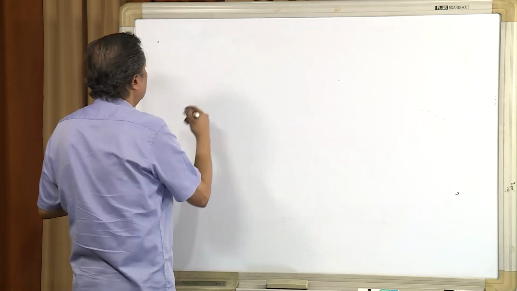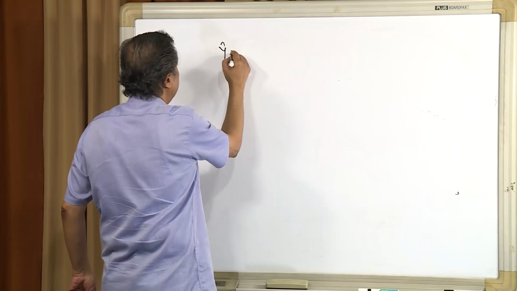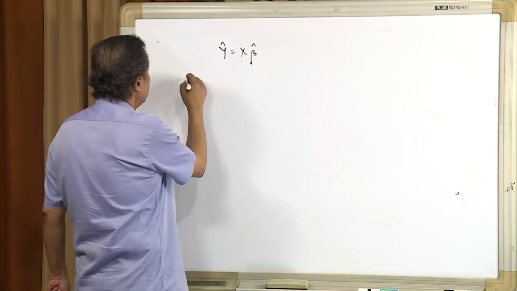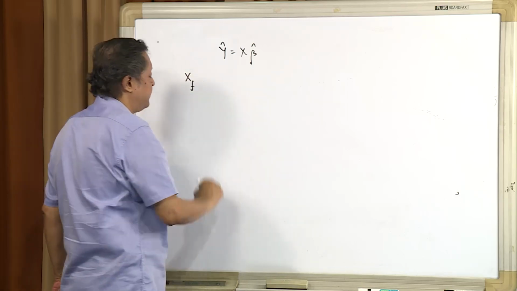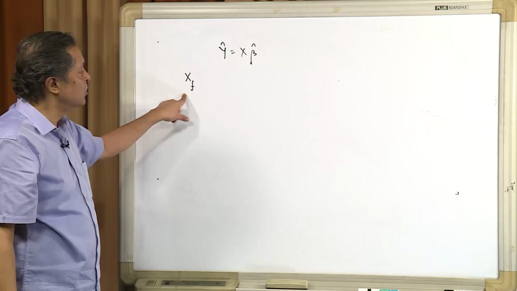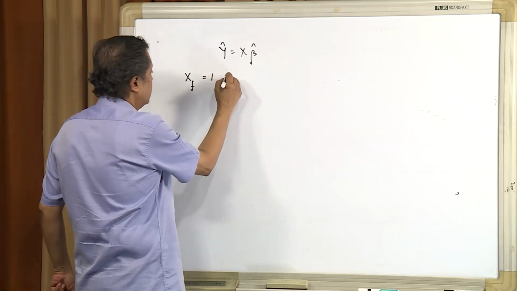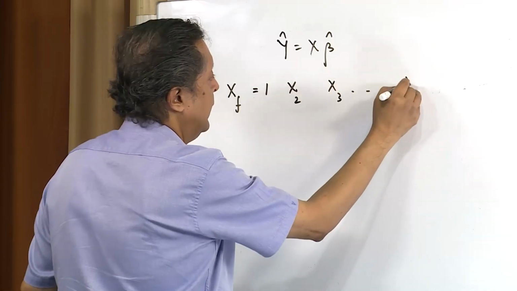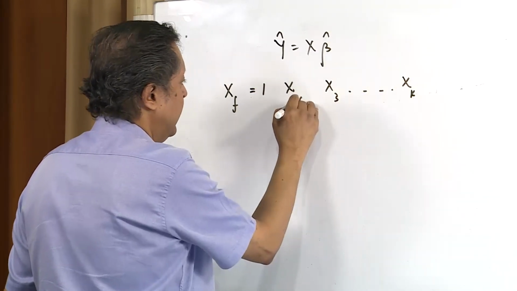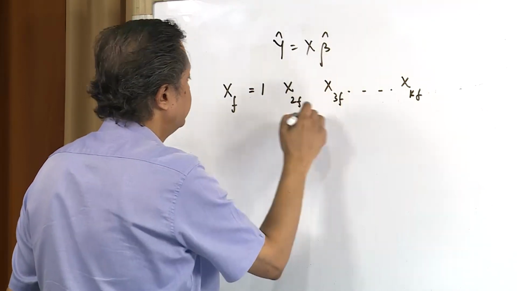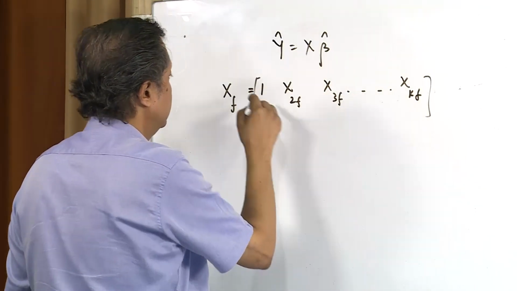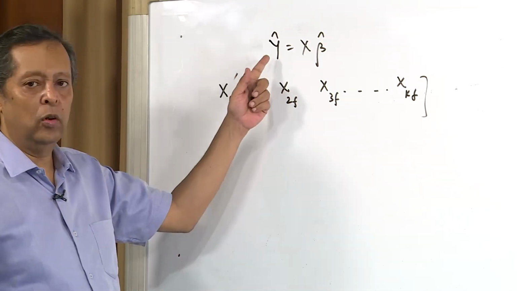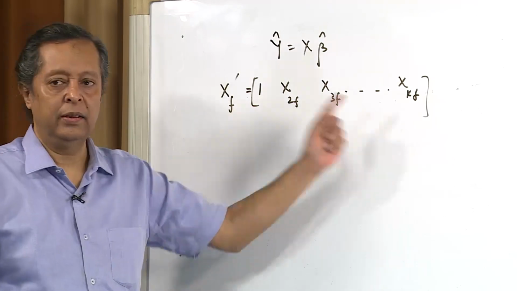We have the model y hat is equal to x beta hat, and we have some future value of x, x_f. This is one row, that is x_f is 1, x2, x3 up to xk, but f, that means future value, that is x_f prime. We want to predict the value of y when x takes this value.